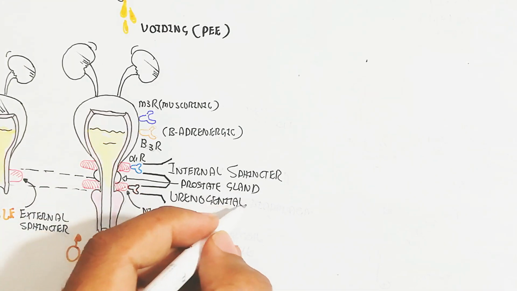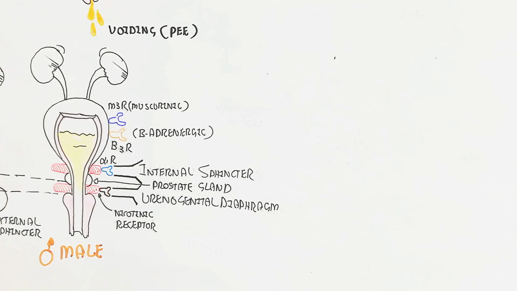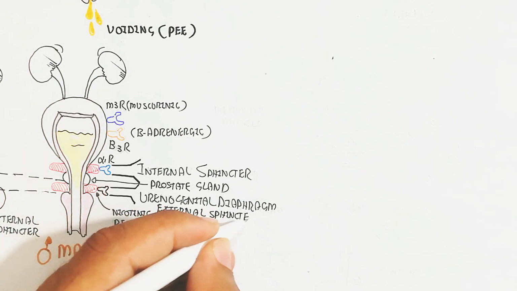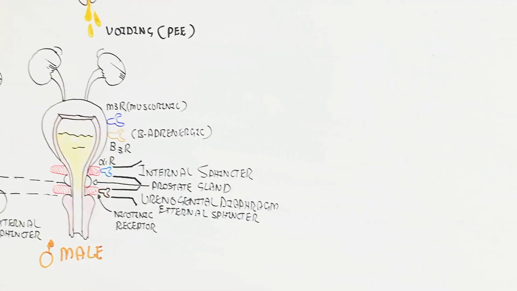Whenever the bladder fills with urine and should excrete, it is controlled by these receptors, and these receptors are controlled via the nervous system.